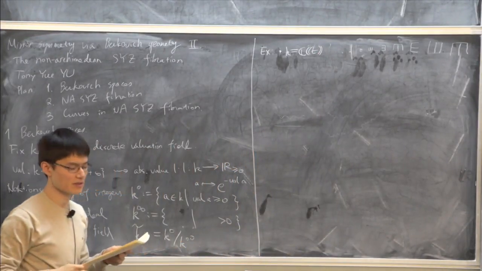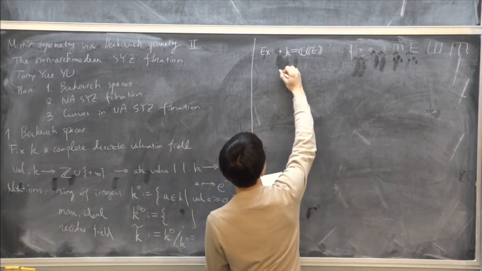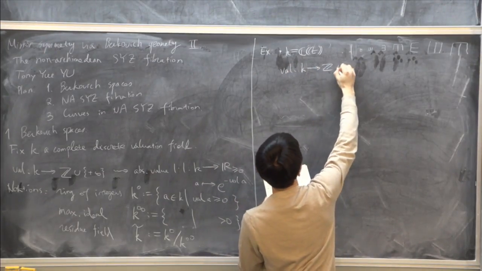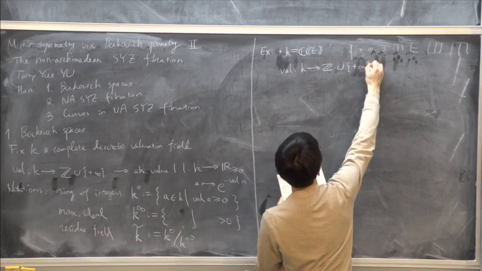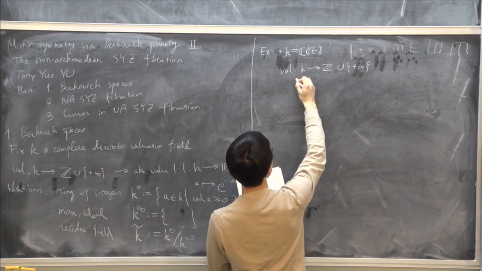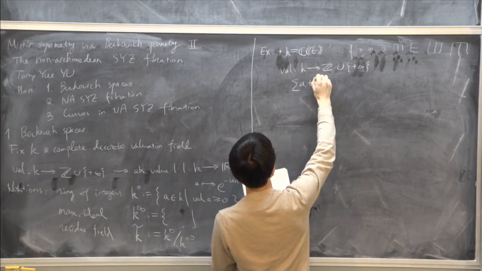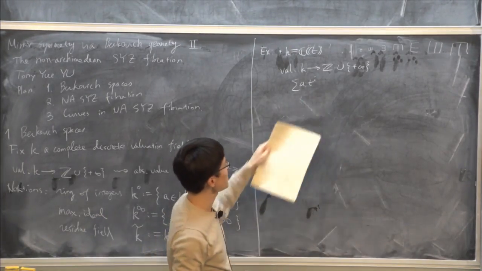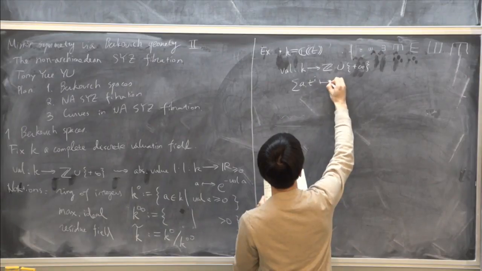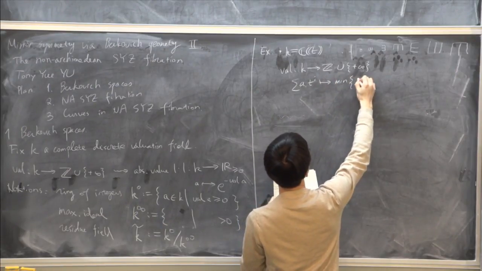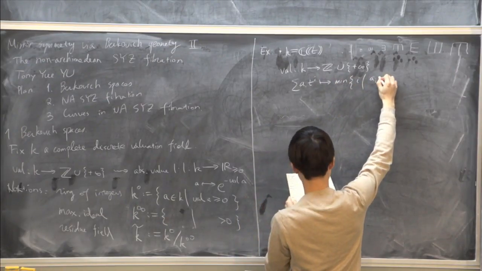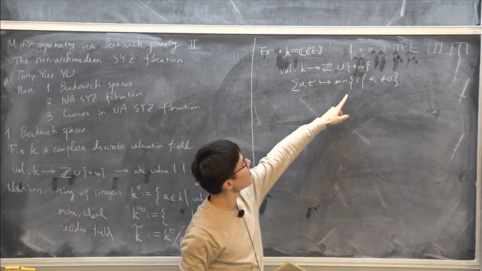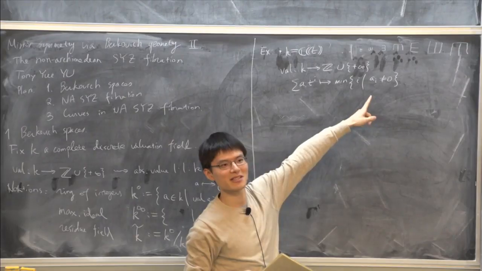The Laurent power series field: we have a valuation map from K to Z union infinity that sends a Laurent power series, a formal series sum of a_i t^i, to the minimum i where the coefficient is non-zero.